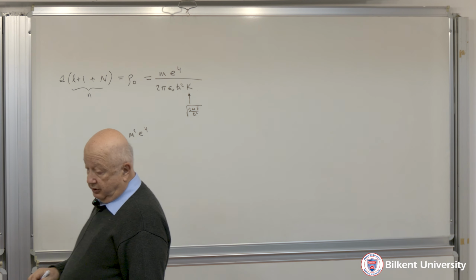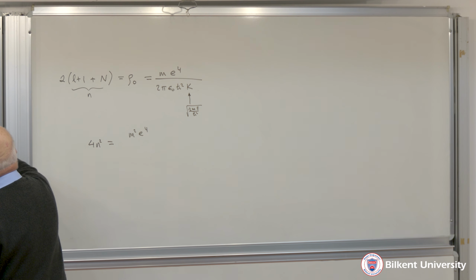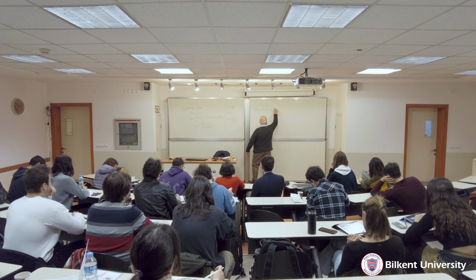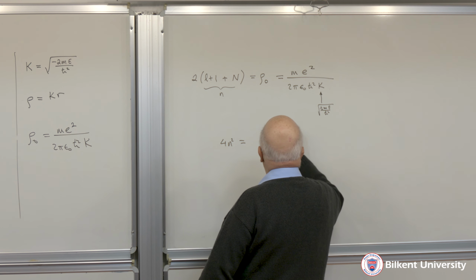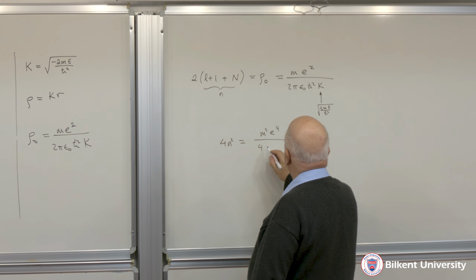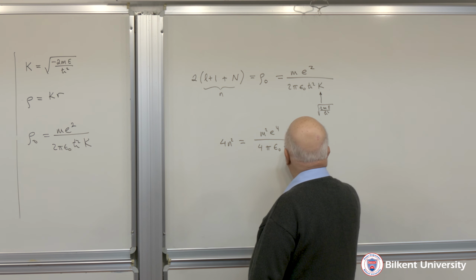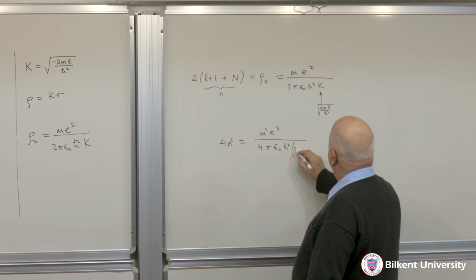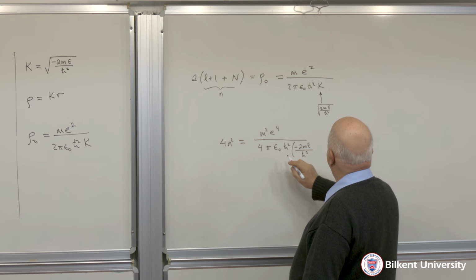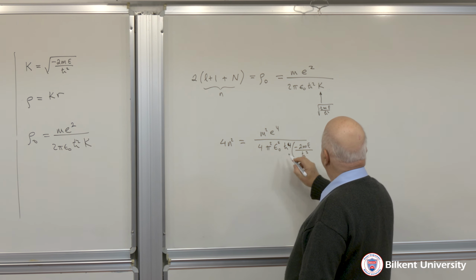This rho 0 has e squared, sorry about that, so that's e squared, and now it becomes e to the 4, over 4 pi epsilon 0 h bar squared and a minus 2mE over h bar squared. I am having trouble squaring expressions today.